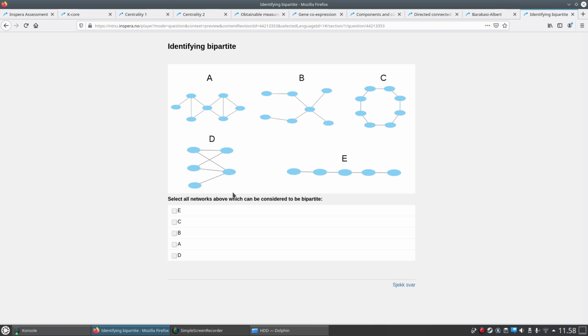And so that would be an example of a bipartite network. The stricter, more formal definition is that a bipartite network is a network in which there are no odd length cycles. That means paths that return you to where you were. That means that if you want to walk around on your network and return to your starting point, you always need to take an even number of steps.